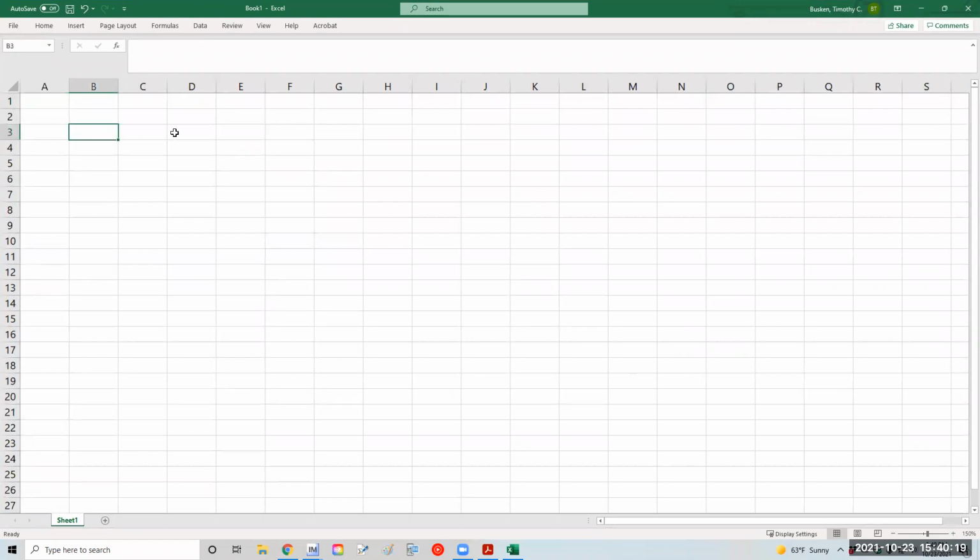Okay, so let's suppose that mu is the population mean, and let's suppose that that is 5. And let's also suppose that the standard deviation is, I don't know, 2. So this will be for the population.